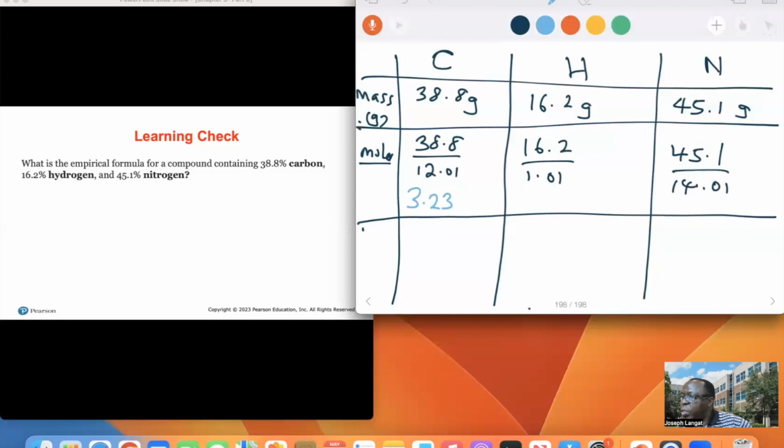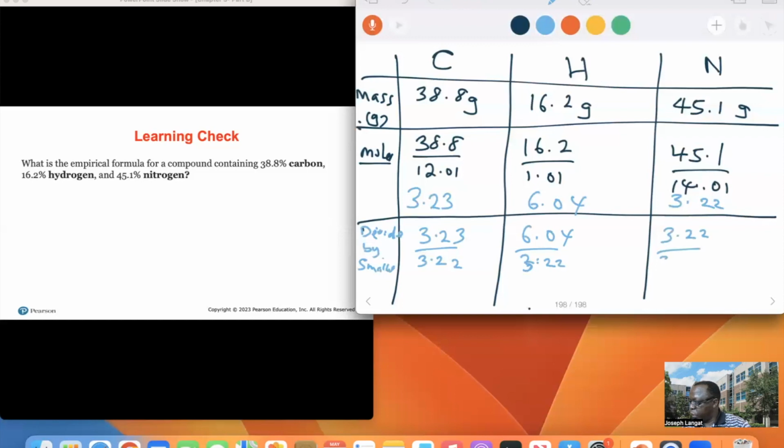If I divide by the smallest here, the smallest is 3.22, and here 3.22 over 3.22, the smallest.